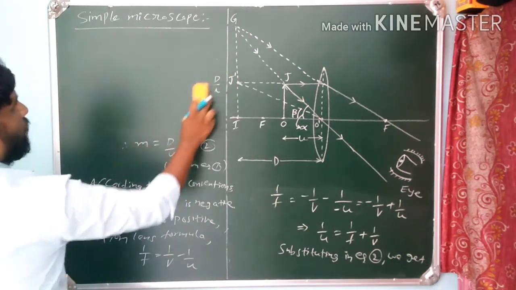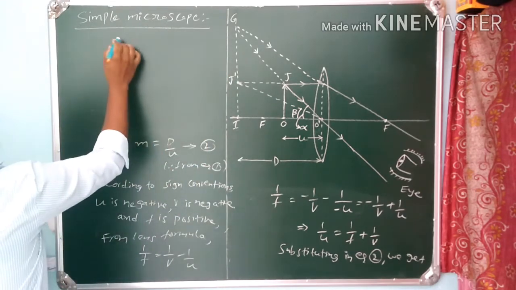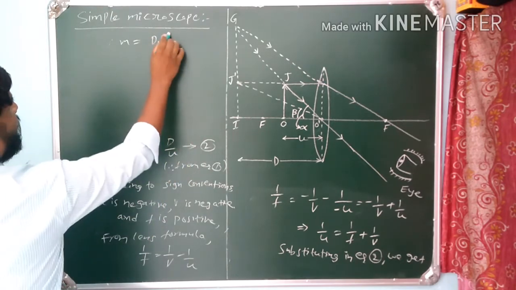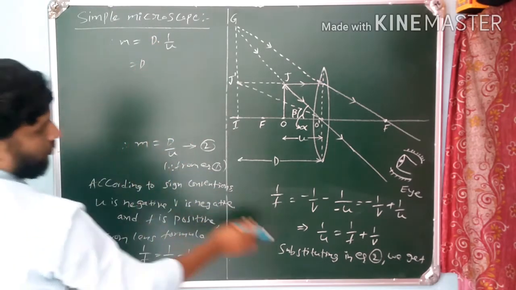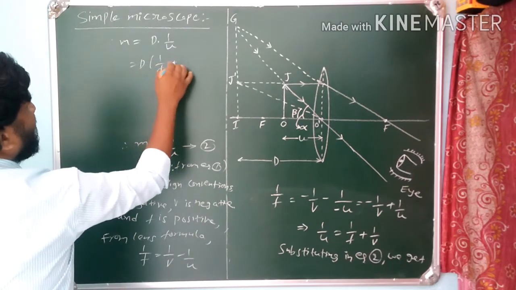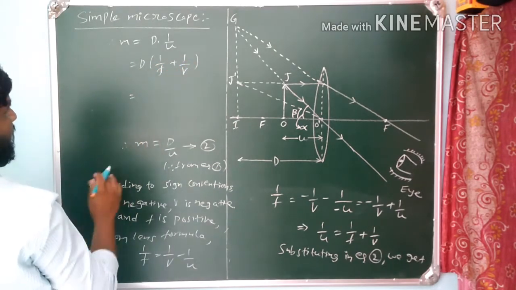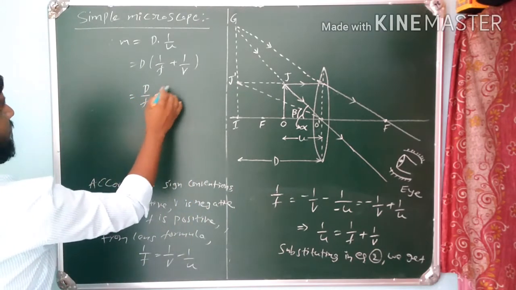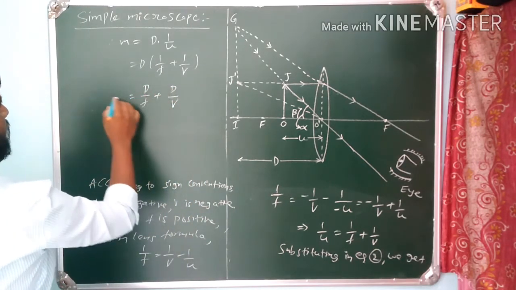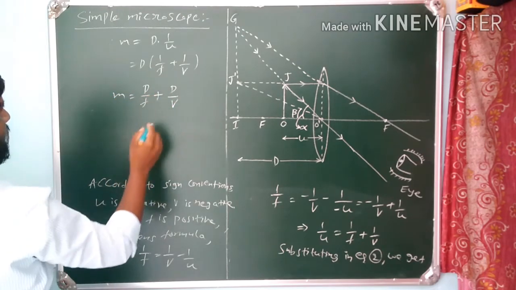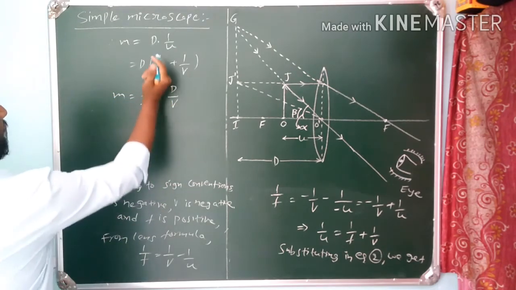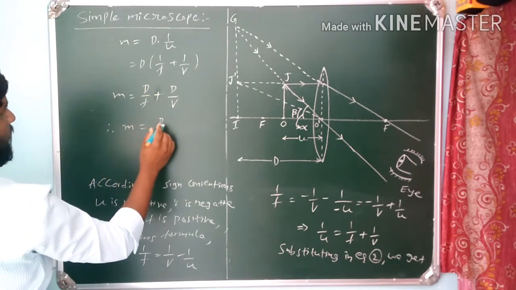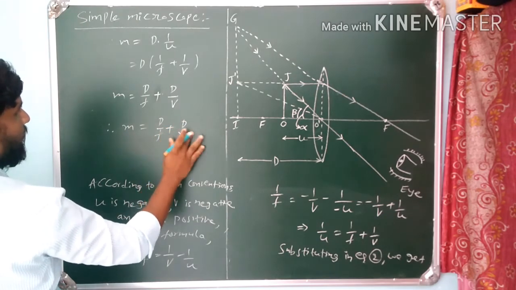Therefore, M equal to D into 1 by U, that is, D into 1 by F plus 1 by V. Multiplying D inside, we get D by F plus D by V. Therefore, the magnifying power of the lens is D by F plus D by V.